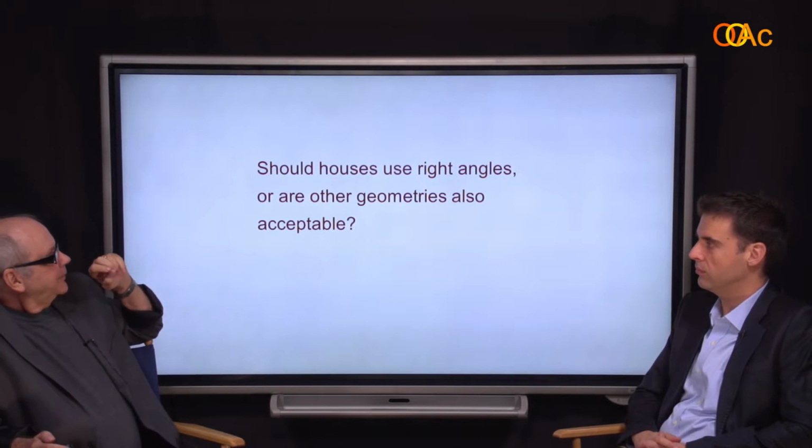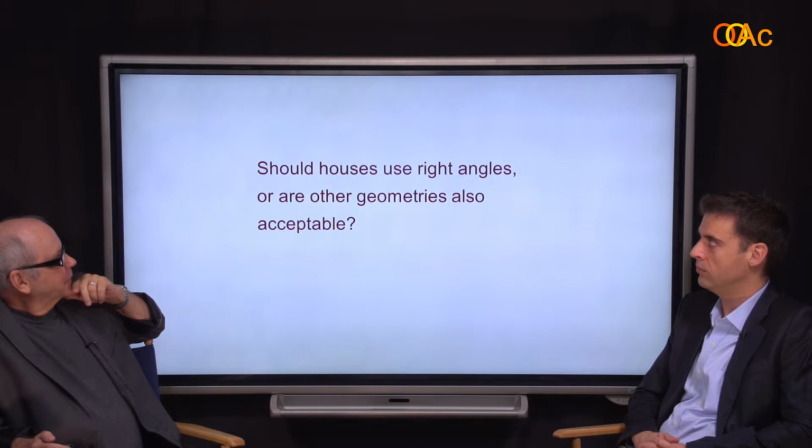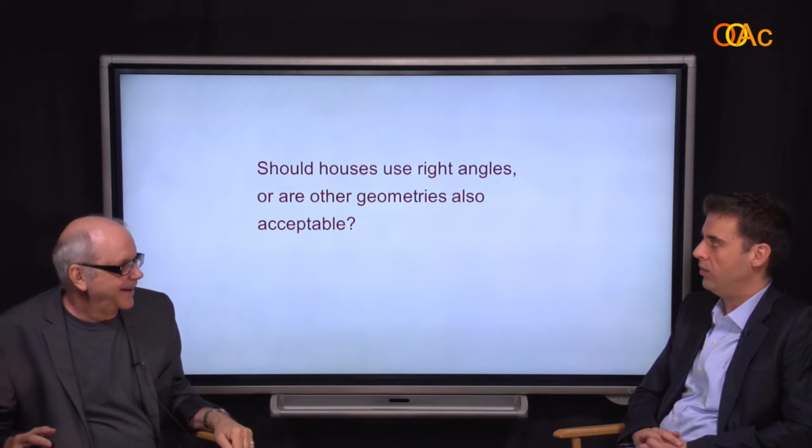So, should houses use right angles, or are other geometries also acceptable? Well, we know that today there are a lot of experimentations with curved geometry, with organic shapes, and with very complex designs, which nowadays are possible because of the technology.